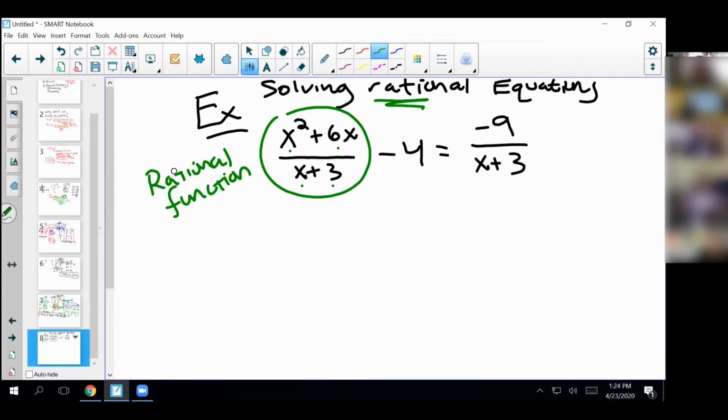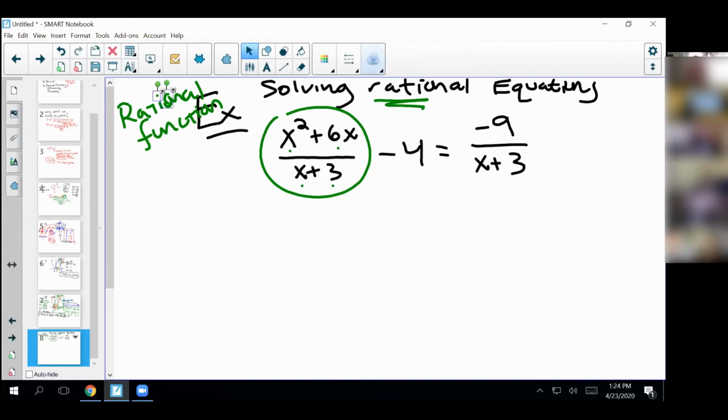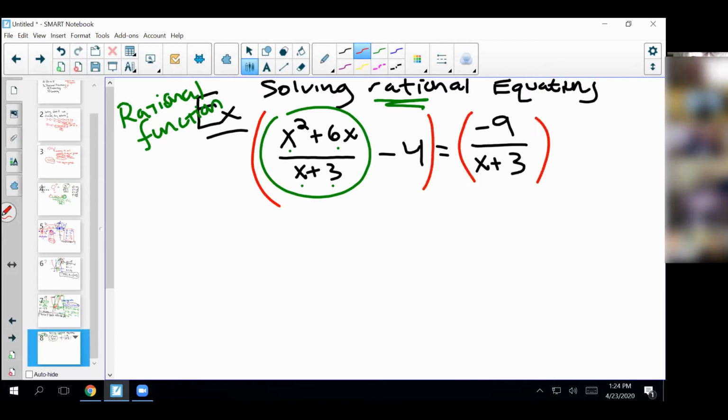Well, let me move this over. Move this up here. There we go. The way to do this is to multiply both sides by every single denominator you see.